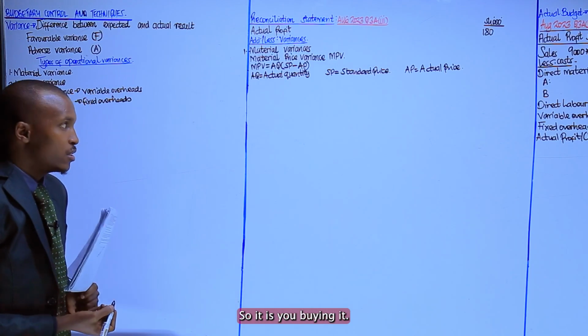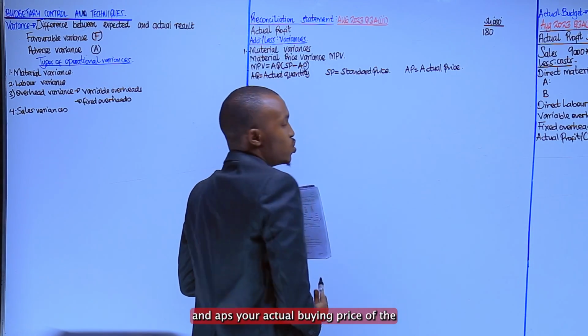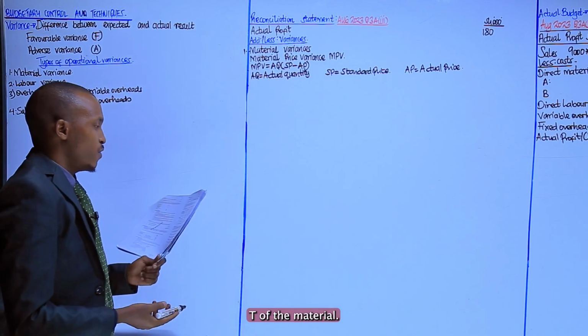So it is you buying. This SP means it is your standard buying price, and AP is your actual buying price of the material.